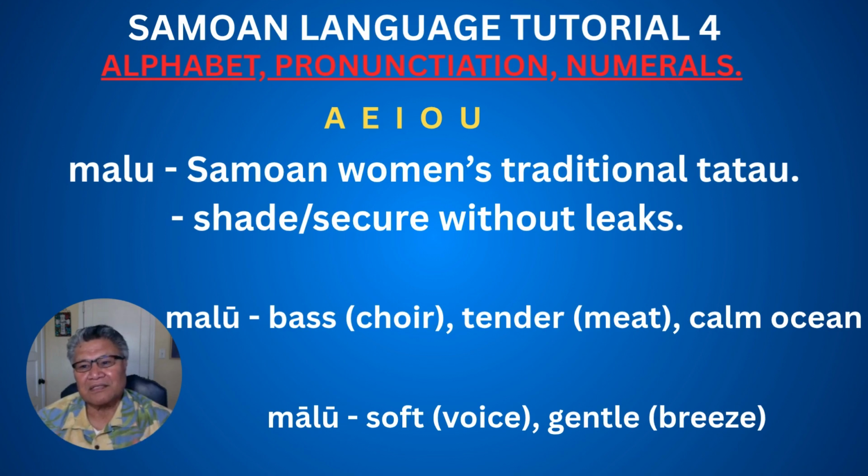So sasaka ia malu, boil until it's tender. Malu is also the traditional female tattoo. Malu is also a shade. That's why we call the fa'amalu the umbrella. Fa'amalu is to give you shade. Or the roof, a secure roof that doesn't leak.